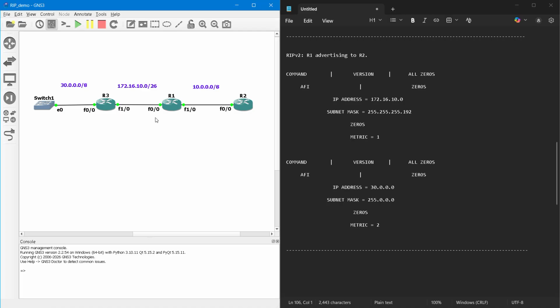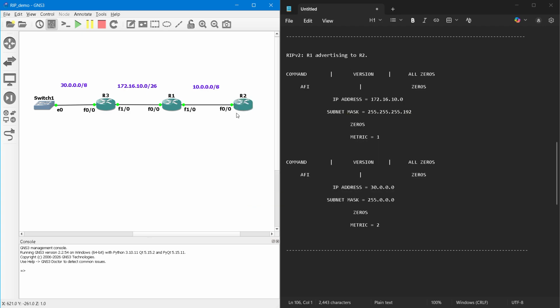R1 is directly connected to this network, so it knows 172.16.10.0 and will advertise it with its IP address and subnet mask, as we are dealing with RIP version 2, and a metric of 1, since it is directly connected, so it will advertise with a hop count of 1.